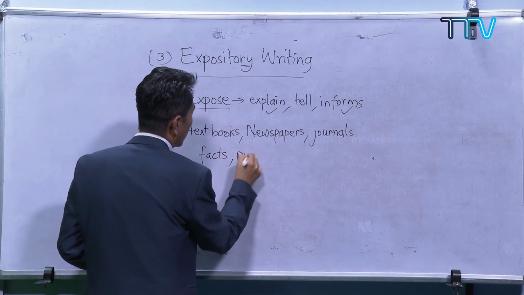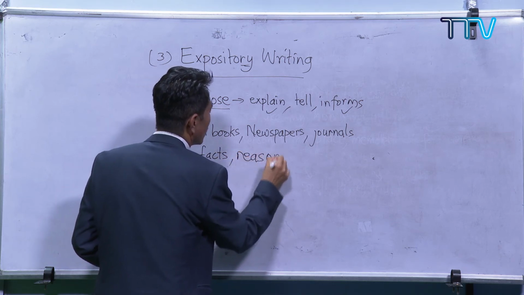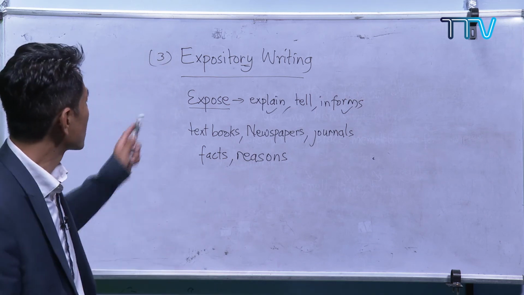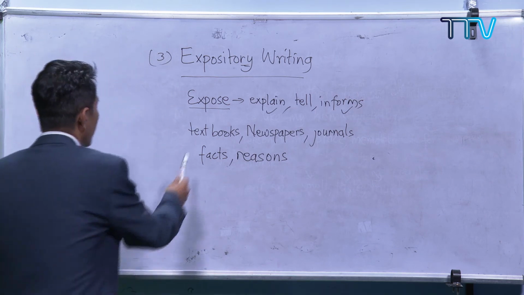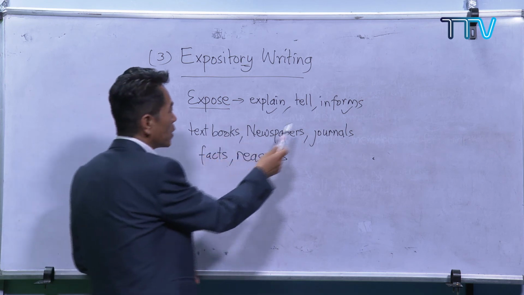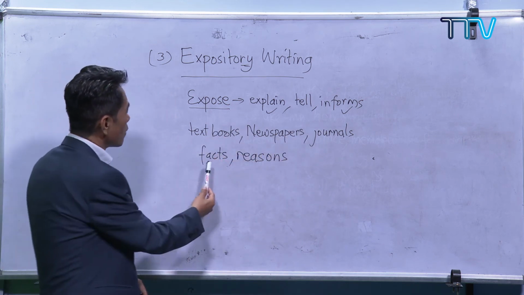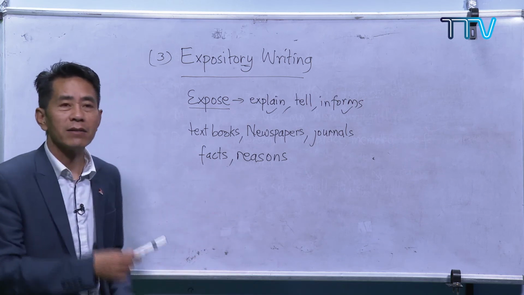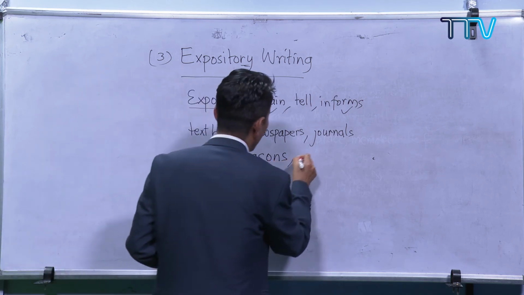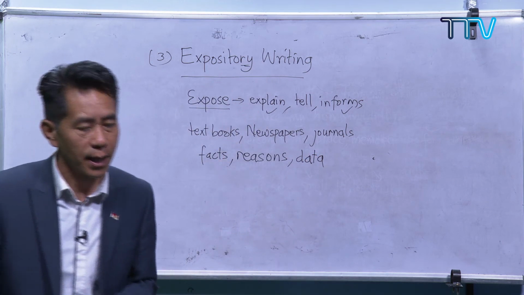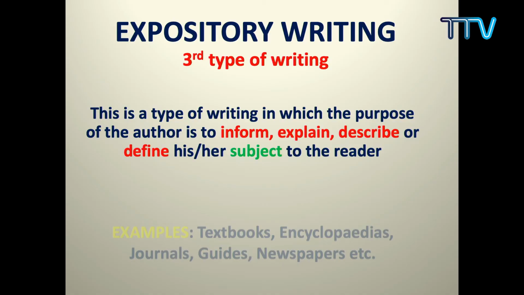We have to use reasons. So this type of writing, expository writing, we see in the textbook, newspaper, journal. And in this type of writing, we use facts and reasons and data, so many things.